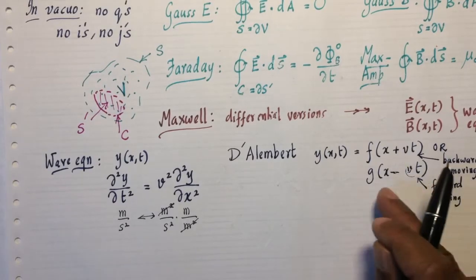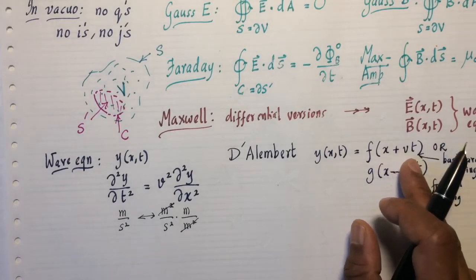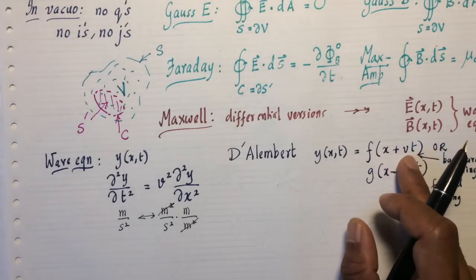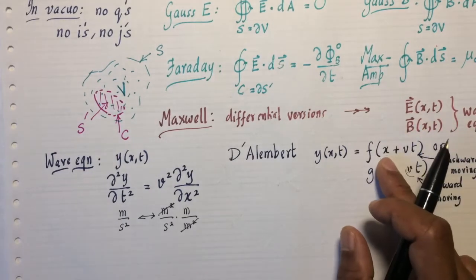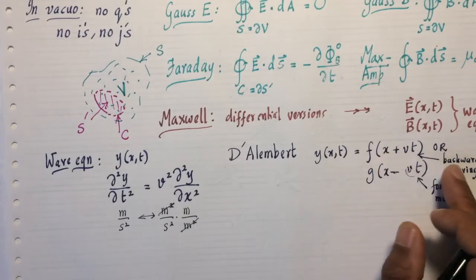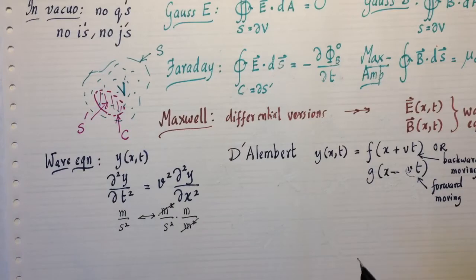So you have to move to the right to get a bigger value of x to compensate for that. Likewise, if t increases, then v times t is positive, and to get the same value of f of something, I have to make x smaller. So that's why it's backward moving, because if you make x smaller, it moves backward in the x direction.